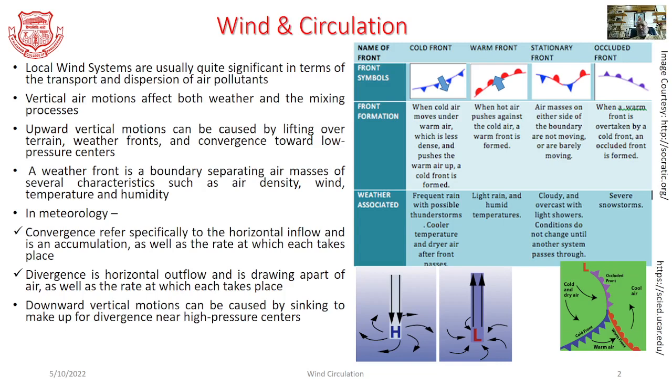So to say, both the hot and cold masses are balancing each other. This situation will lead to cloudy, overcast conditions with light showers. These conditions usually do not change until another system passes over.